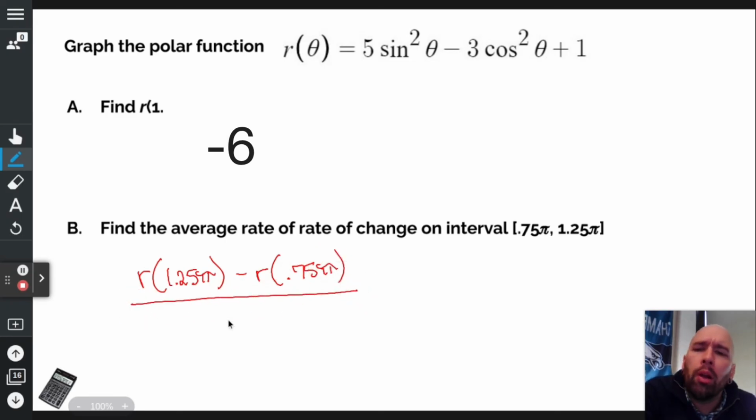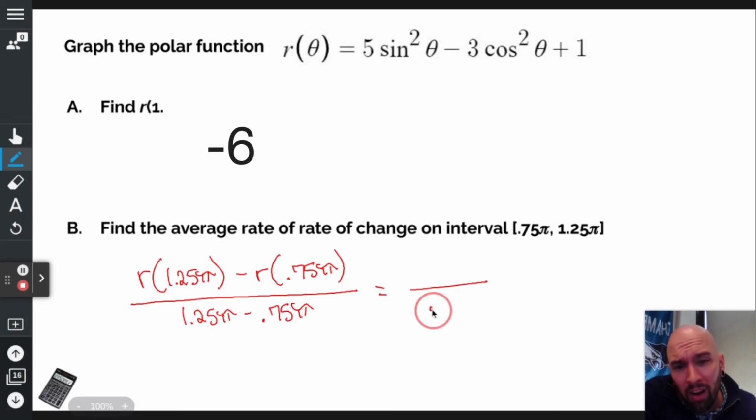And then we're going to put that over 1.25 pi minus 0.75 pi. So I don't know what the answer is yet. Whatever this gross number ends up being is going to be over 0.5 pi.